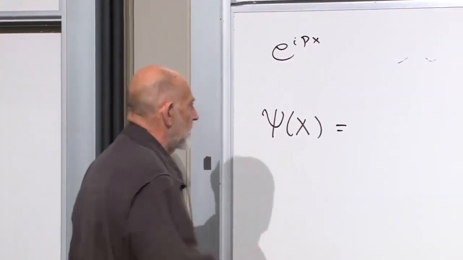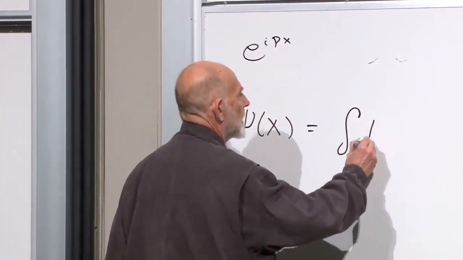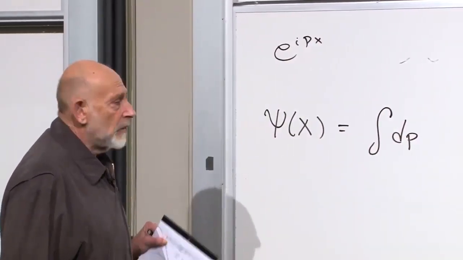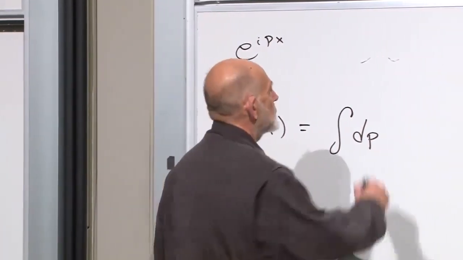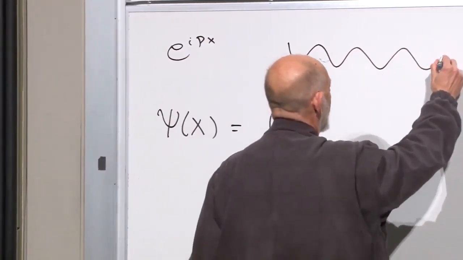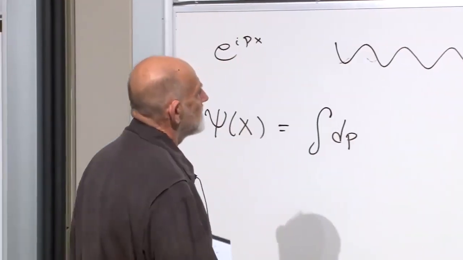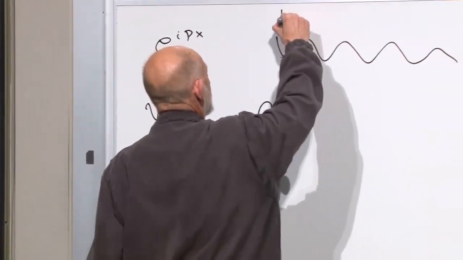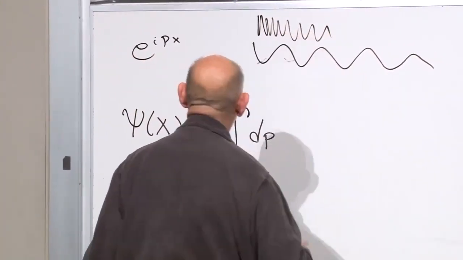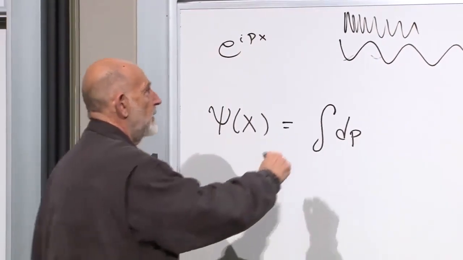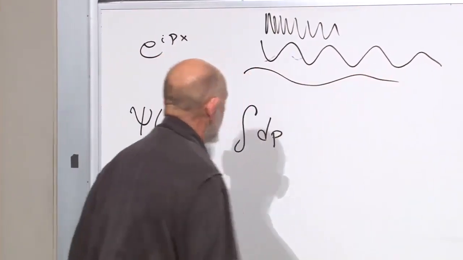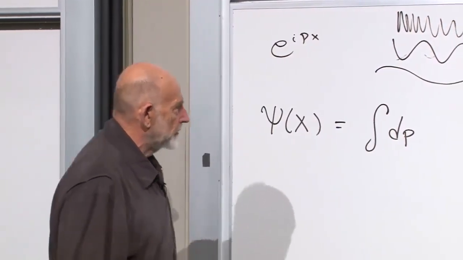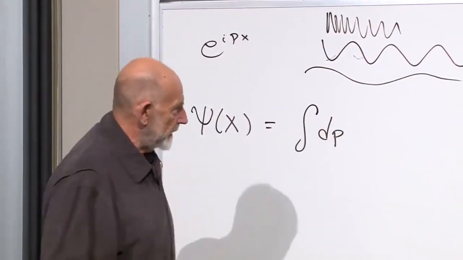Now, expanded means they can be written as integrals over p. What is p? p tells you how fast the wave oscillates. This is some moderate value of p. If I increase p, I create a wave with a very short wavelength. Decrease p, I'm talking about a wave with a very long wavelength. So this is just saying we can decompose a function into waves of different wavelengths.